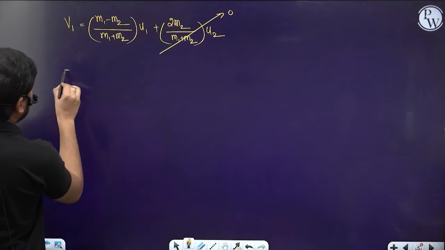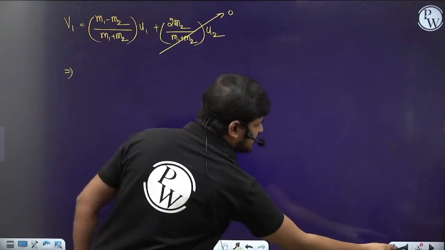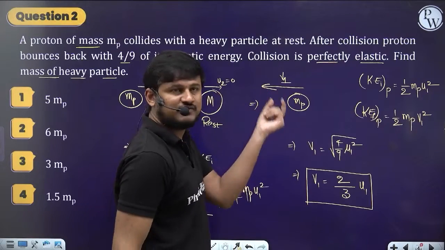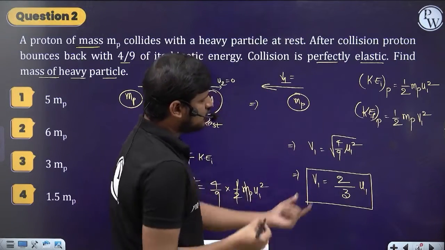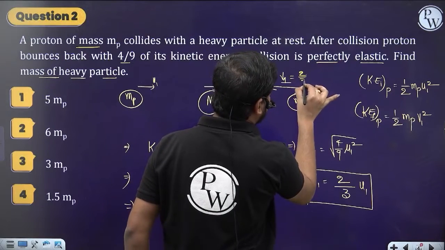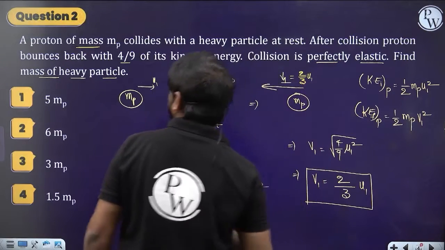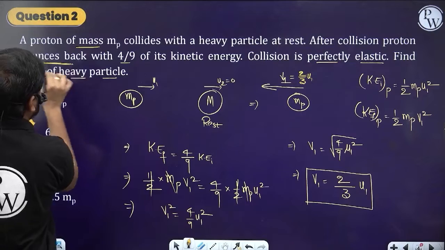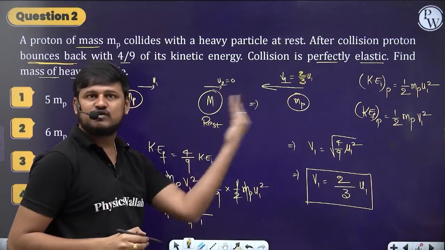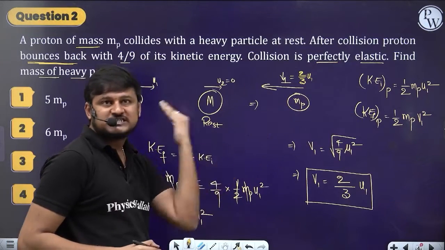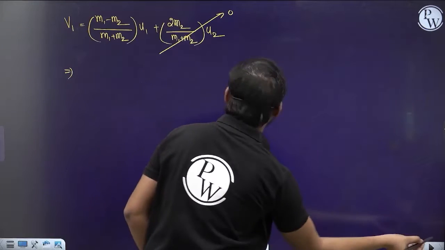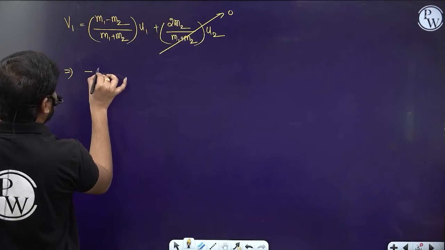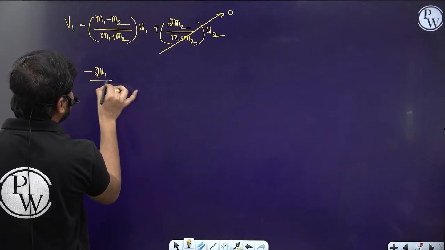And we got v1, the velocity of the proton after the collision, which is 2/3 times u1. In the question they said it bounces back, so that means it's in the backward direction. So that's why in place of v1, I am writing minus 2u1 by 3.